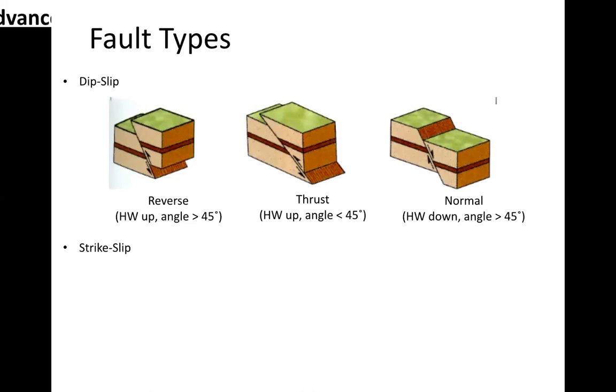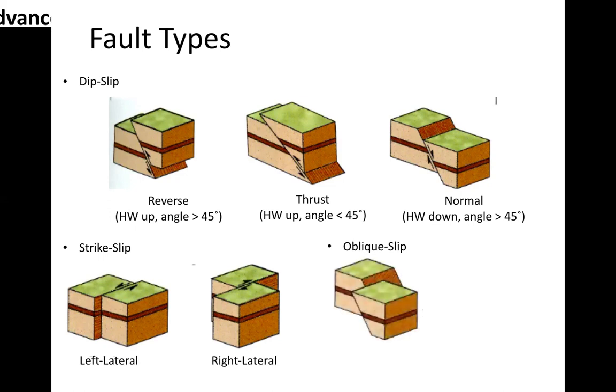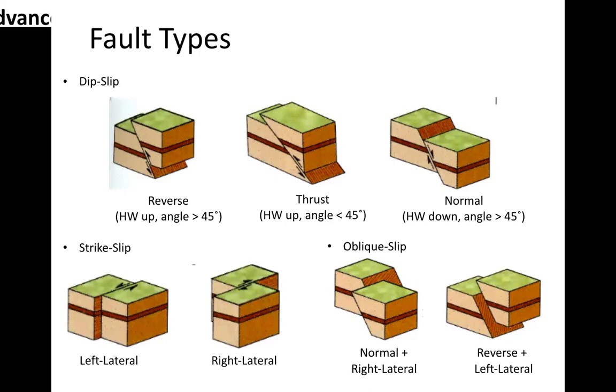Strike slip refers to lateral motion and can either be left lateral or sinistral, or right lateral or dextral. And oblique slip is a combination of dip slip and strike slip mechanisms, such as the normal plus right lateral motion here, or reverse plus left lateral here.